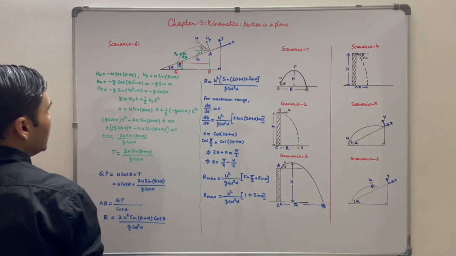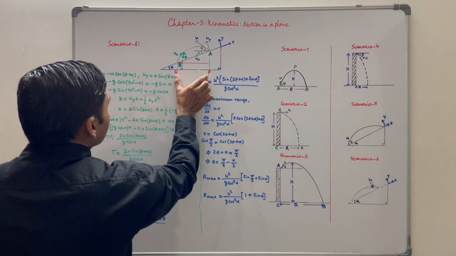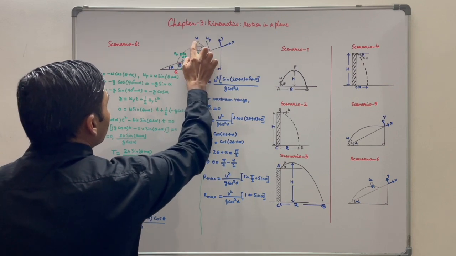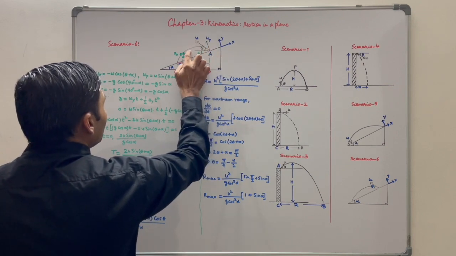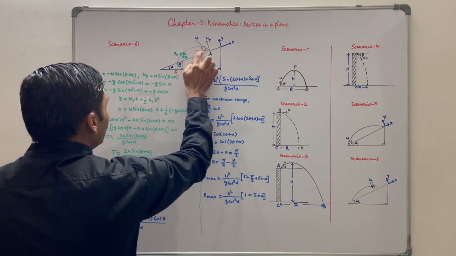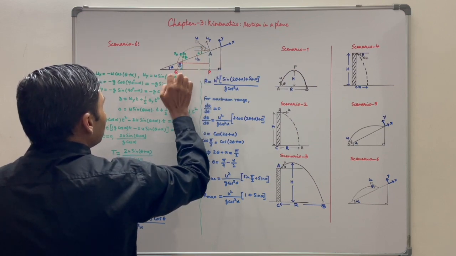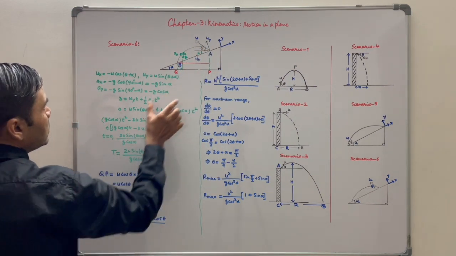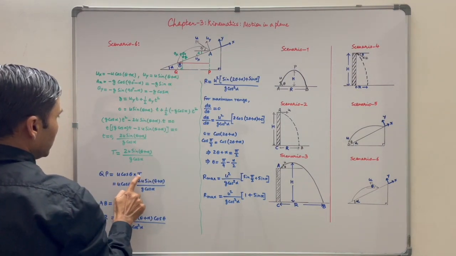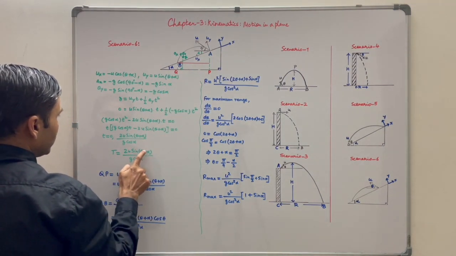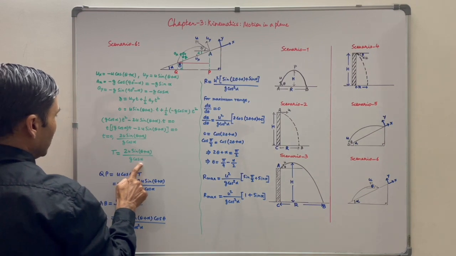Now, QP can be calculated as component of u parallel to horizontal, that is u cos θ, into time of flight. So QP is equal to u cos θ into 2u sin(θ + α) upon g cos α.